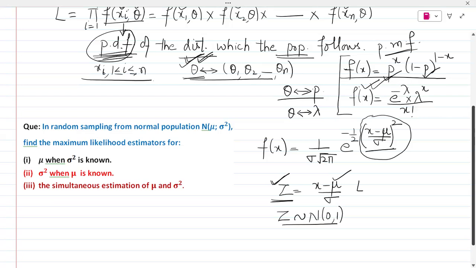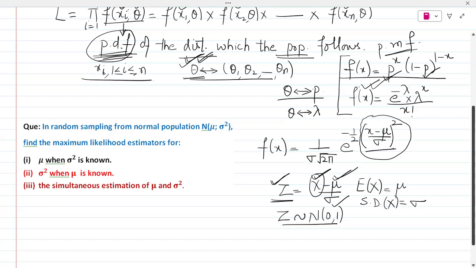This mu is the expected value of X, the mean value of X. And this sigma is the standard deviation of the same X.